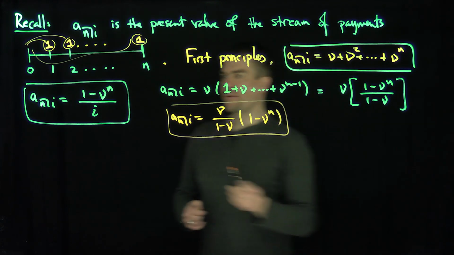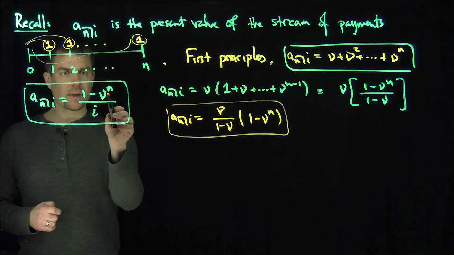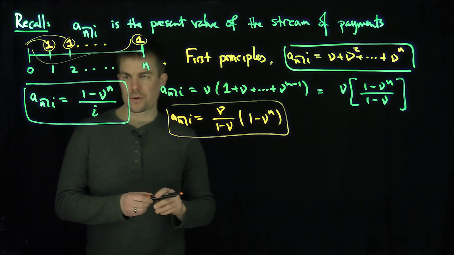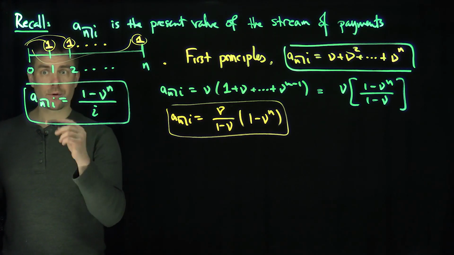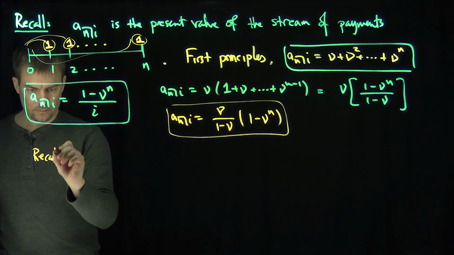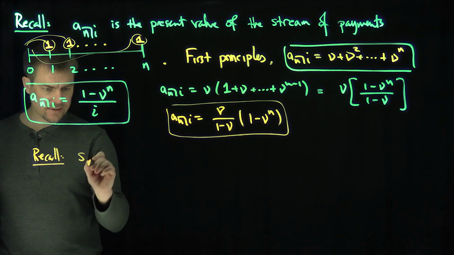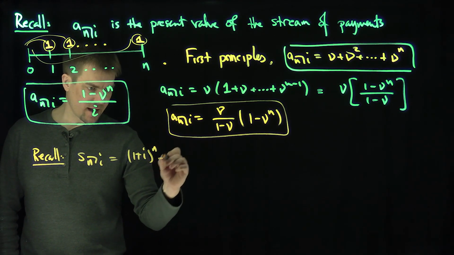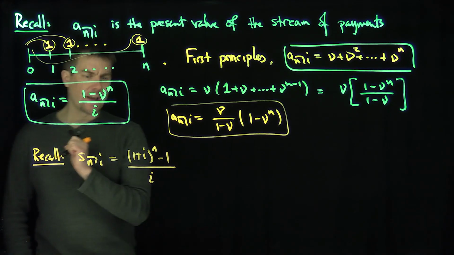And then I can also do the following trick. I can take this and multiply the top and bottom by a certain factor. We can take A bracket n angle i and try to relate it to s angle n. So recall, s bracket n angle i is ((1 plus i) to the n minus 1) over i. And now what is that?